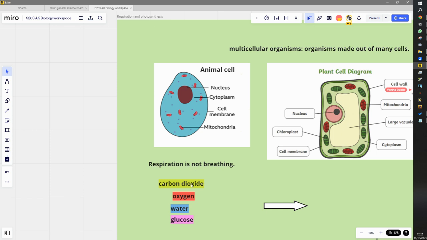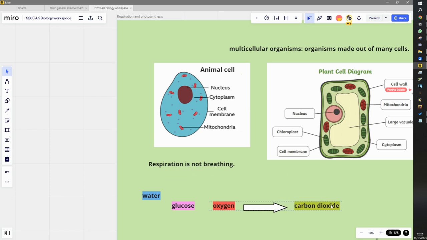So what is a chemical reaction? Well, a chemical reaction is basically when you take one or more chemicals and you change them into another chemical or more chemicals. In this case, we're reacting oxygen with glucose. This arrow is showing you what is being produced.